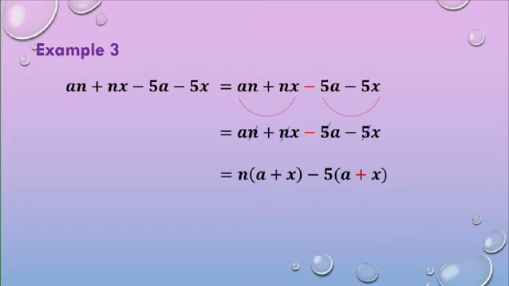I have shown to you in the second video of this set of videos for this chapter that whenever we are having a negative sign in front of a bracket, the sign inside the bracket changes in factorization. So we have a common factor of a plus x within brackets. This a plus x within brackets is called a compound factor. So the answer is a plus x within brackets followed by n minus 5 within brackets.